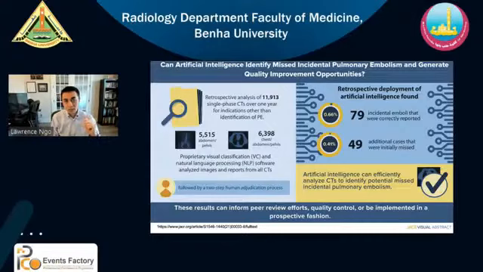However, by using the artificial intelligence algorithm, we were able to find an additional 49 cases where pulmonary emboli were missed. And again, this is at a major academic institution where often a lot of studies are read by more than one radiologist. It's often read by a resident and then an attending. And so even after multiple steps of review, we were able to find 49 major misses.